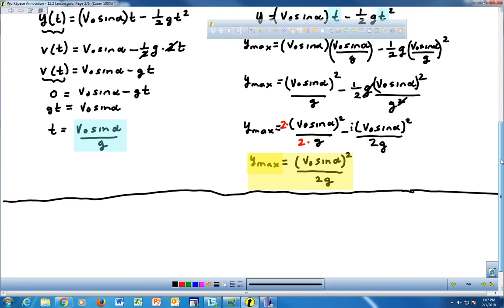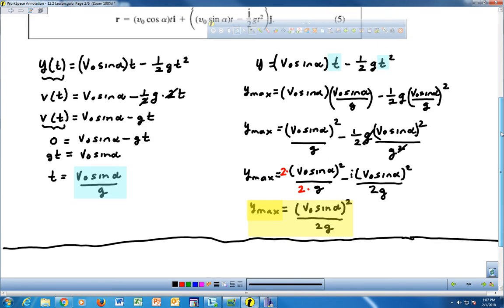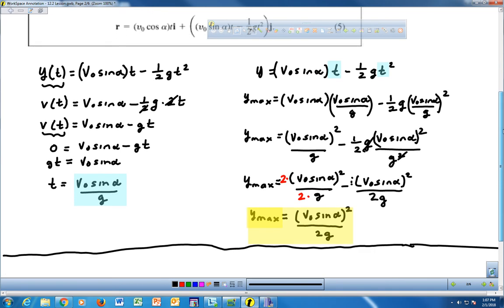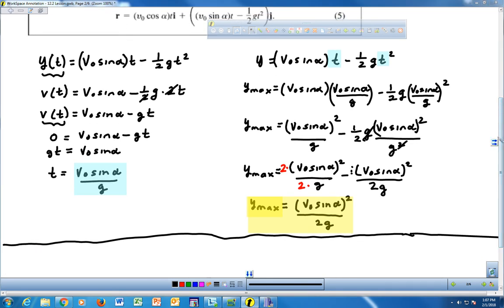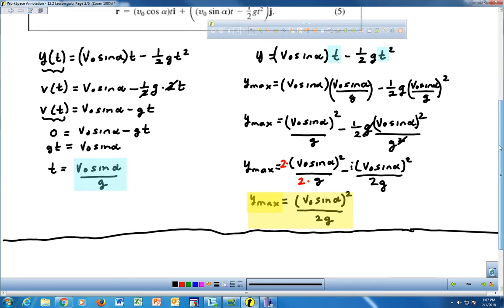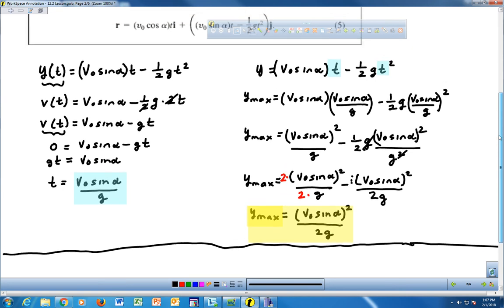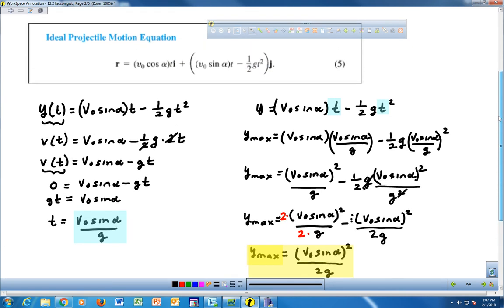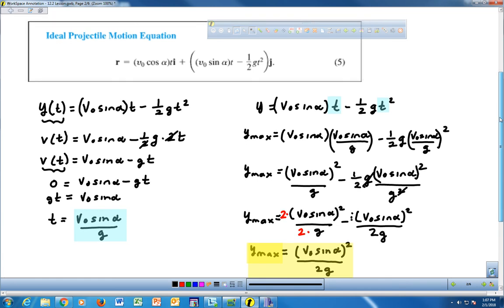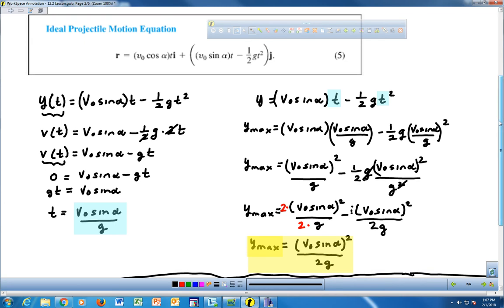The projectile is going to strike the ground whenever the velocity is equal to 0. Or we can say another thing: it also happens when the height of the object is 0. So that's another case. We can also think of it as the height of the object.